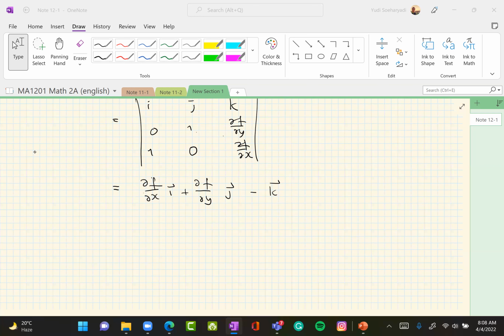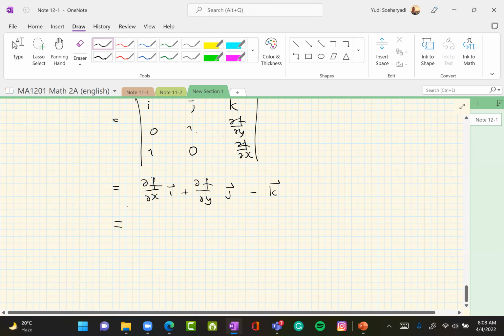Okay. So this is the normal as a vector. This is df dx, df dy, minus 1, comma. Okay.